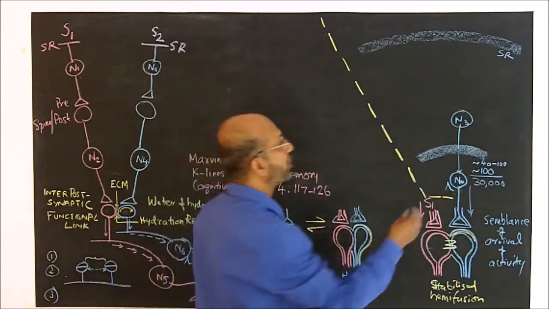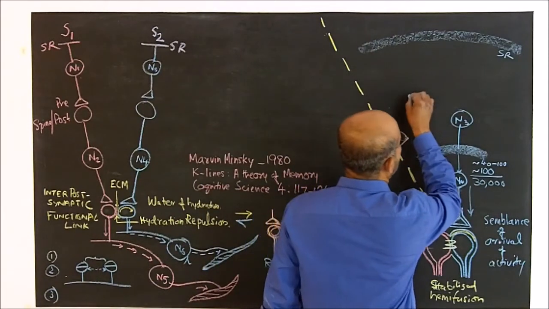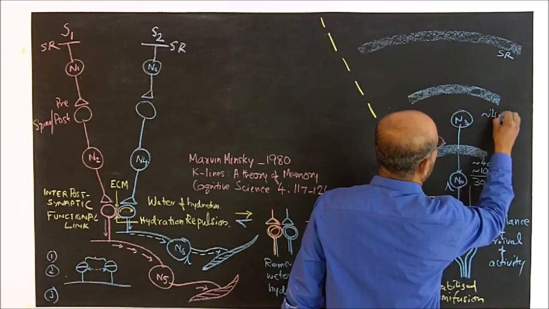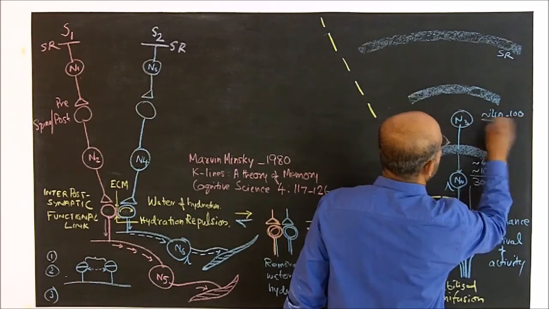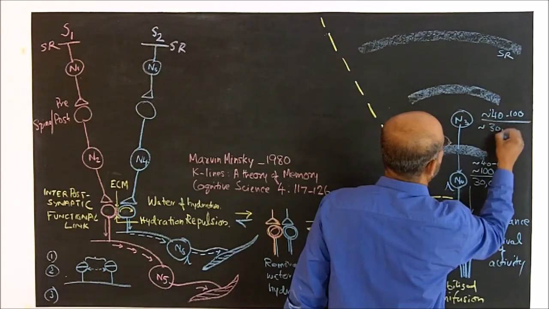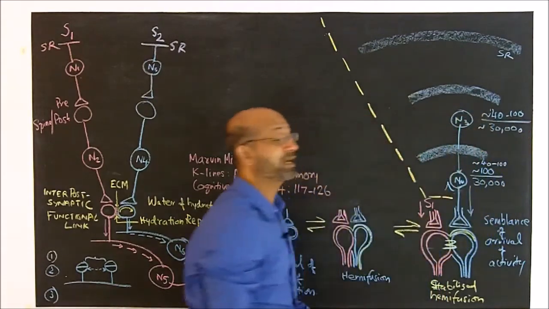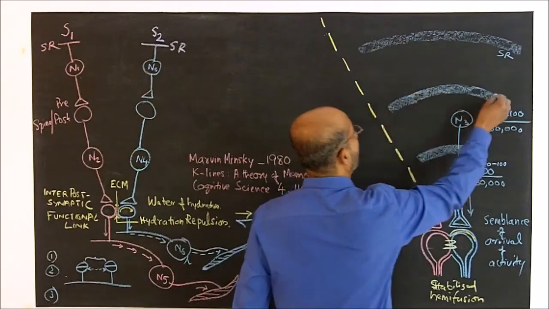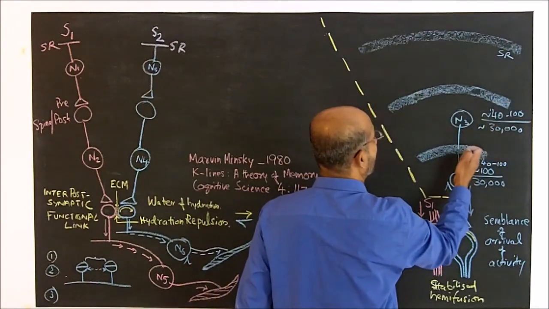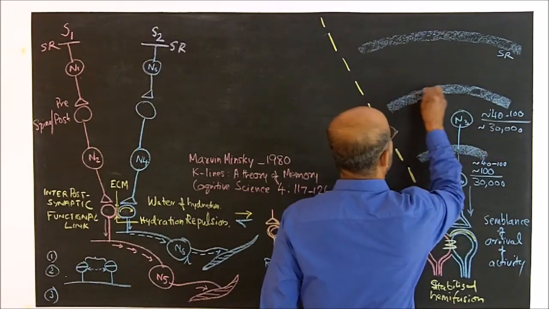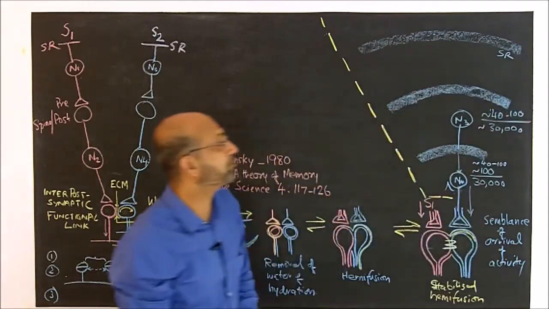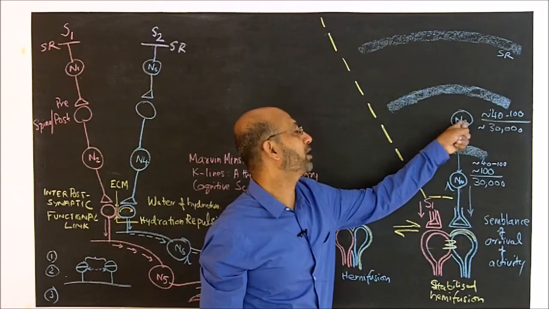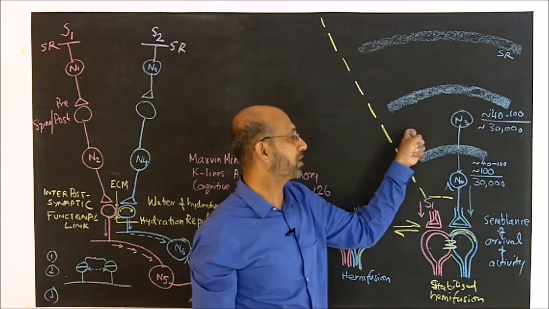So these neurons are also receiving inputs from nearly 40 to 100 inputs out of nearly 30,000 of their dendritic spines. So it's going to expand much larger than this one, because it can receive inputs from a large number of dendritic spines, and that can lead to the firing of this neuron in this neuronal order.